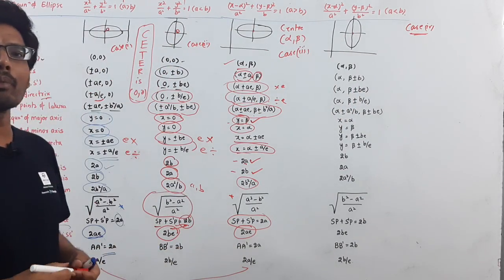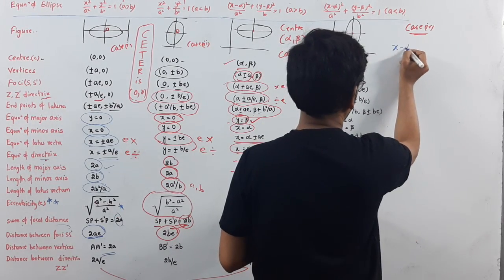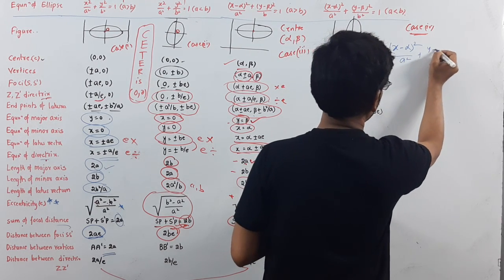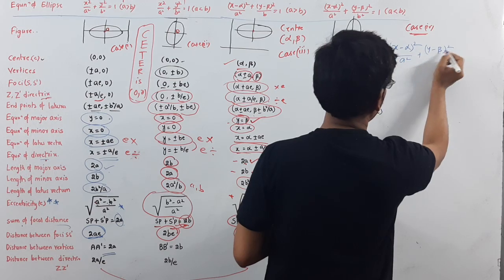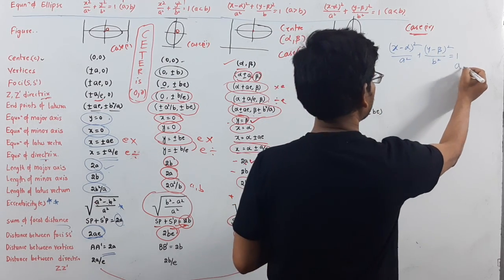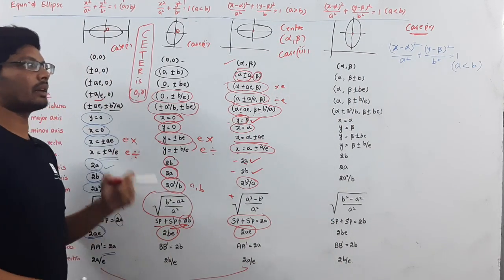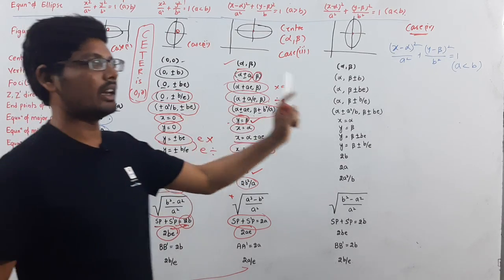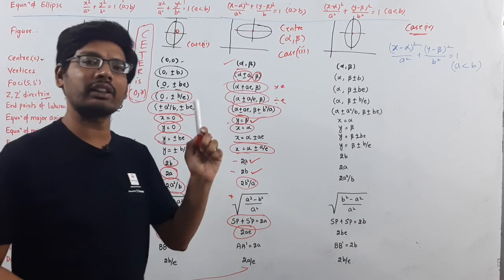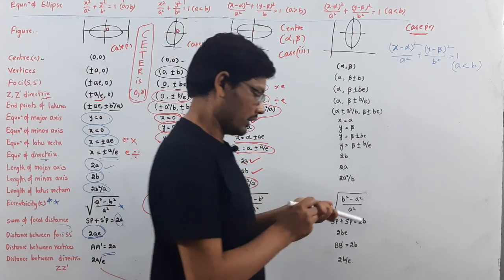So the standard form of this ellipse is (x minus alpha) whole square divided by A square plus (y minus beta) whole square divided by B square is equal to 1, when A is less than B here. This is all about the expression of the ellipse when alpha comma beta is the center and A is less than B.